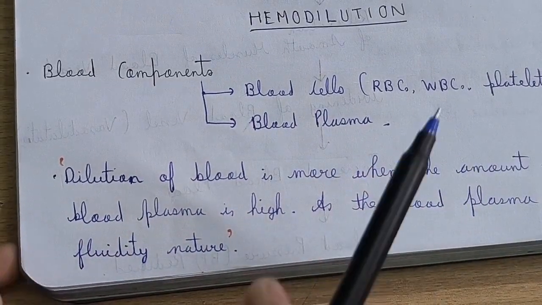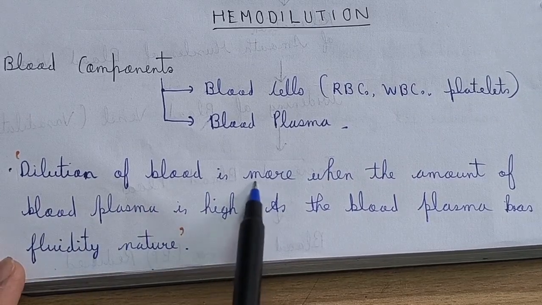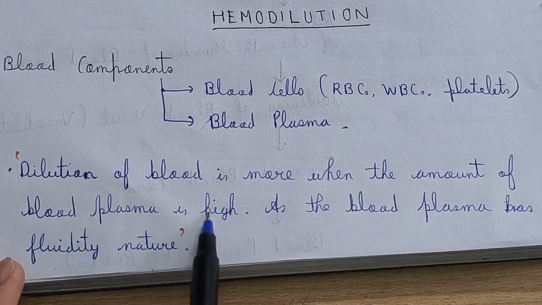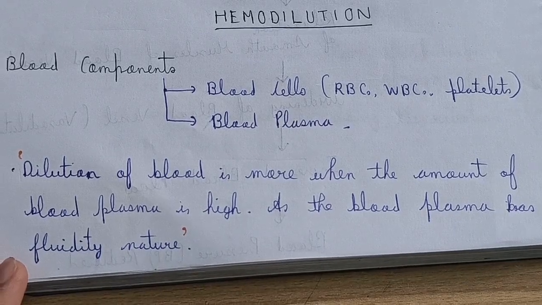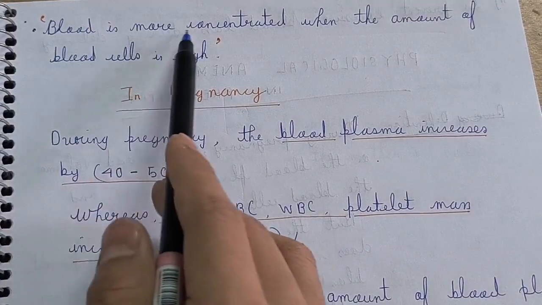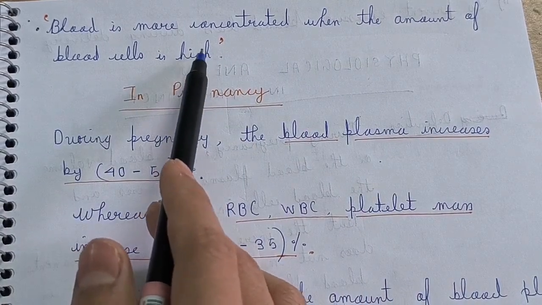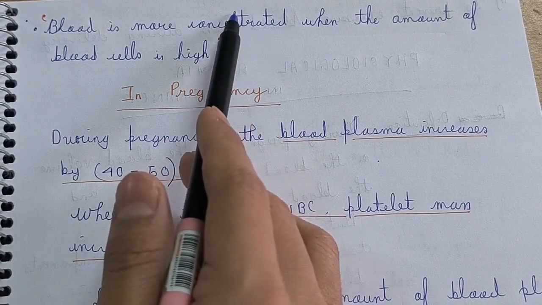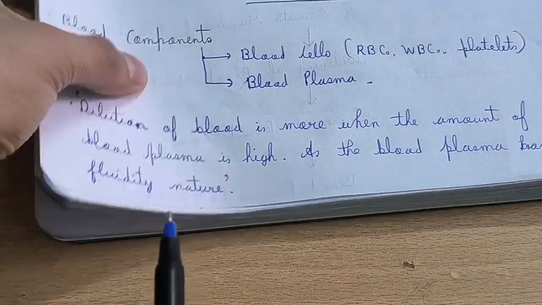And also about the dilution of blood, what I have written: dilution of blood is more when the amount of blood plasma is high, as the blood plasma has a fluid nature. Now see that blood is more concentrated when the amount of blood cells is high. So this is the concept about blood concentration, and this is the concept about blood dilution.